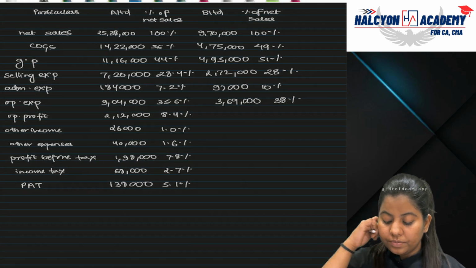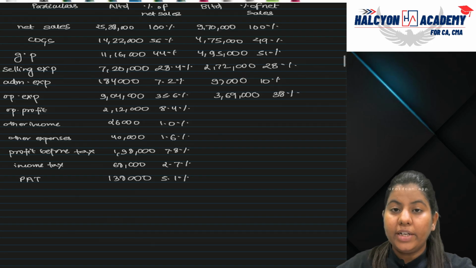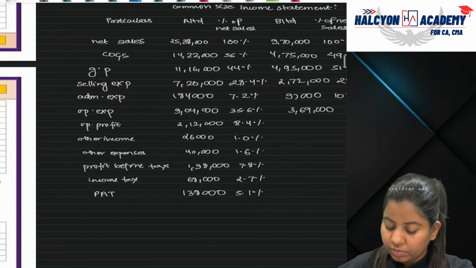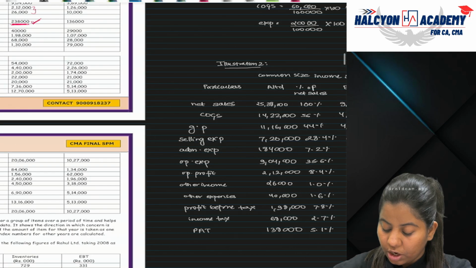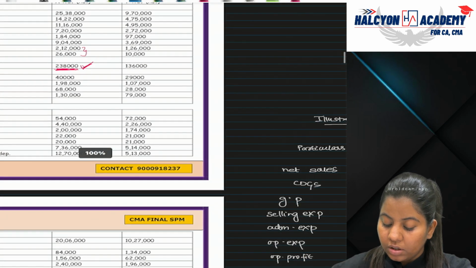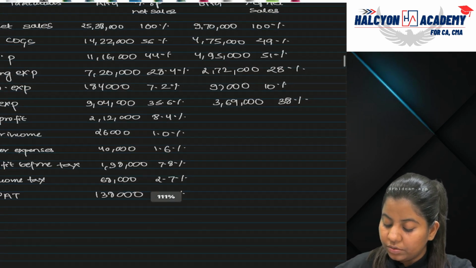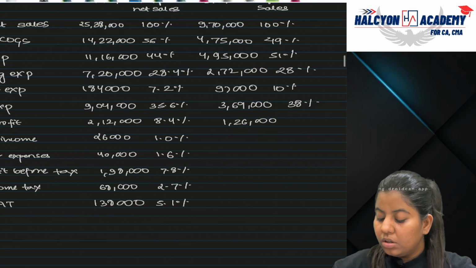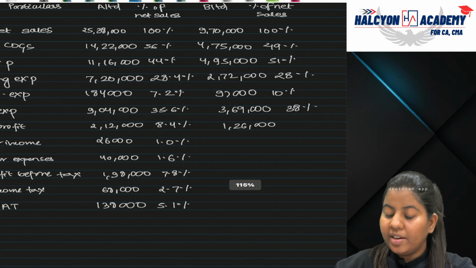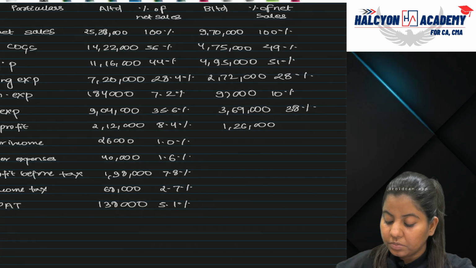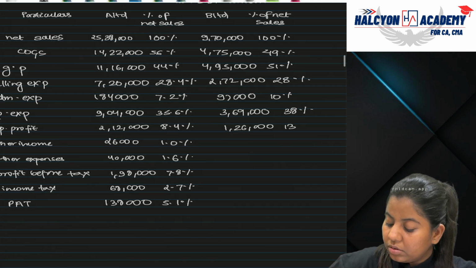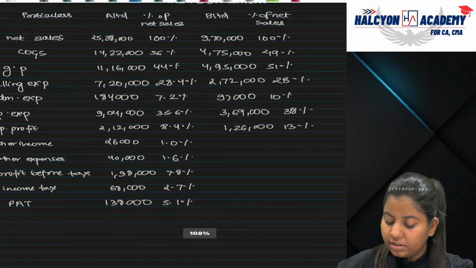Okay. Then operating profit. How much is operating profit? 1,26,000. 1,26,000 divided by 9,70,000 will be 13%.